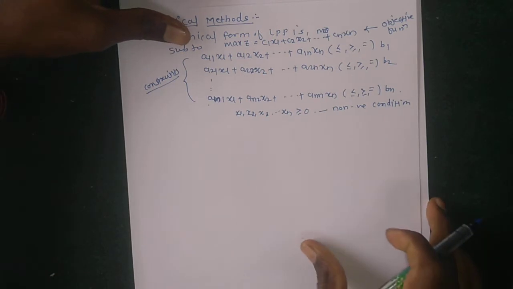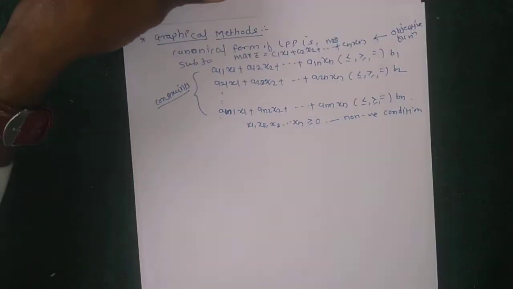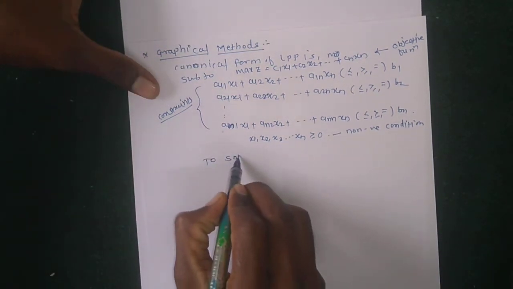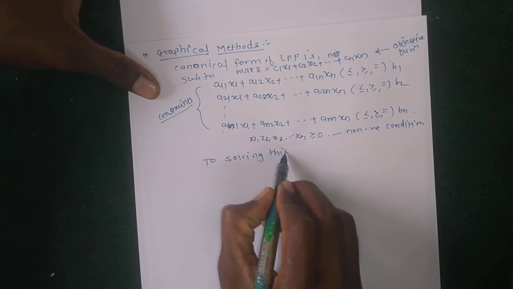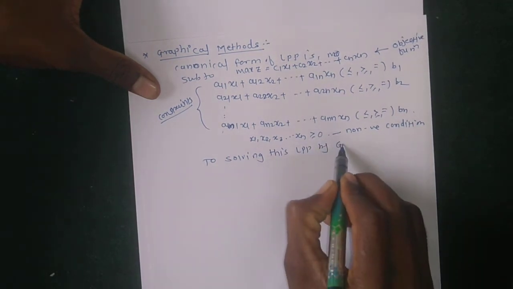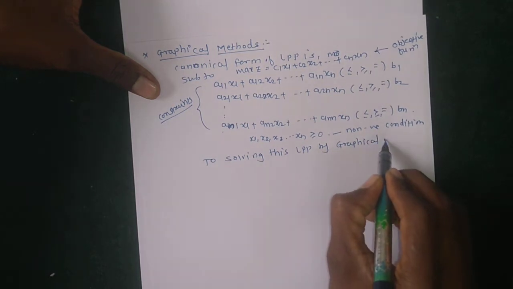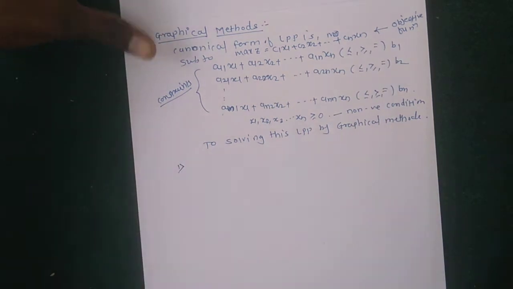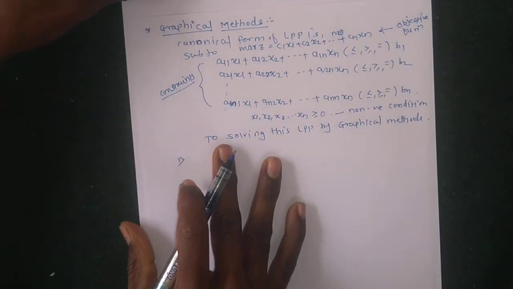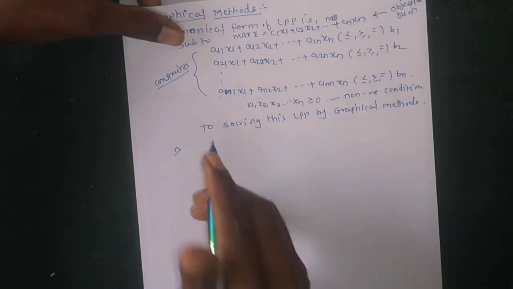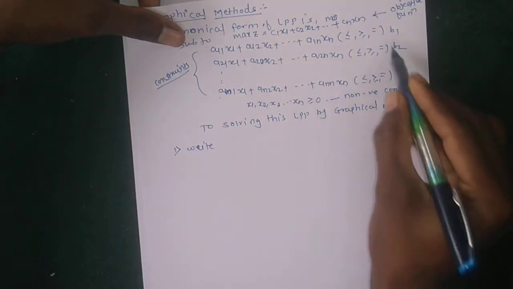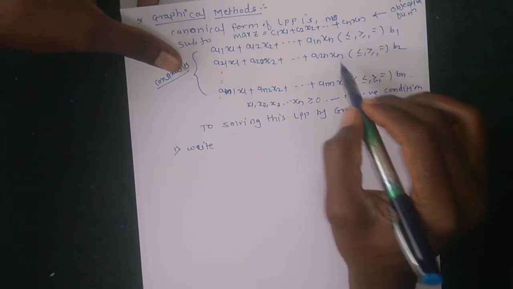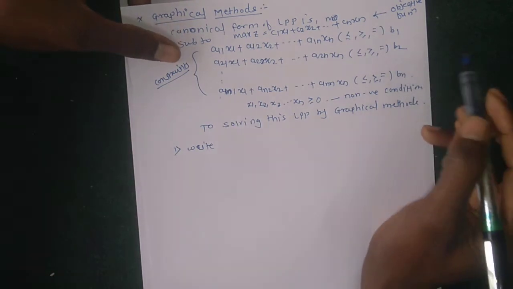So for that, here is the algorithm of the graphical method. To solve this LPP by the graphical method, first convert each inequality into equality.